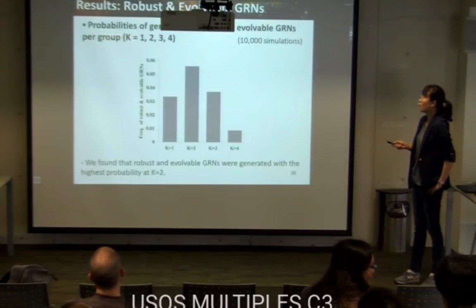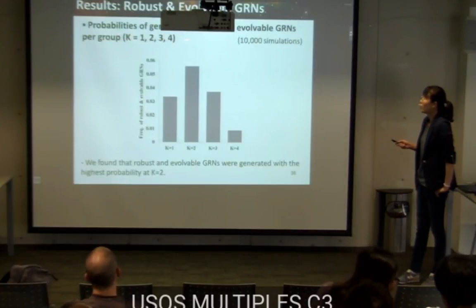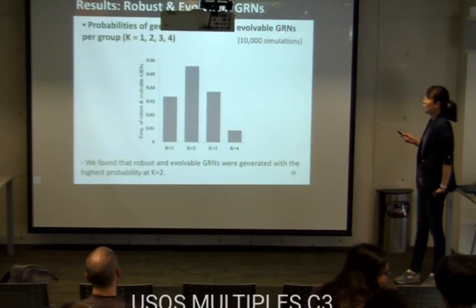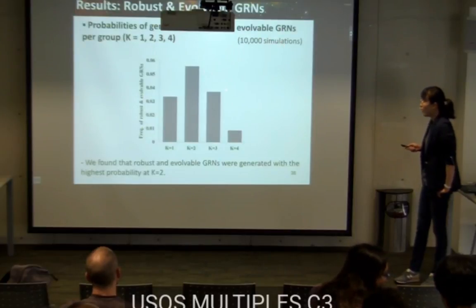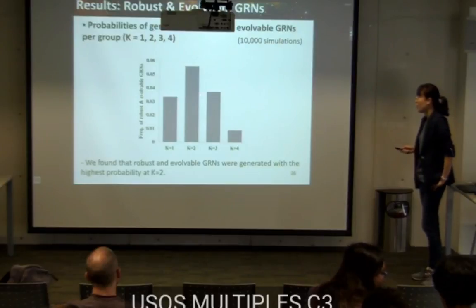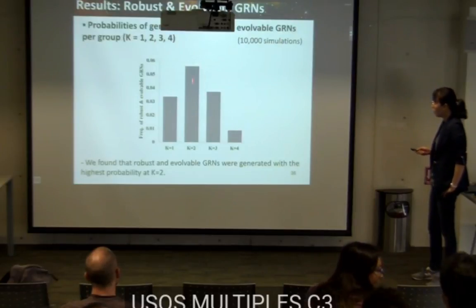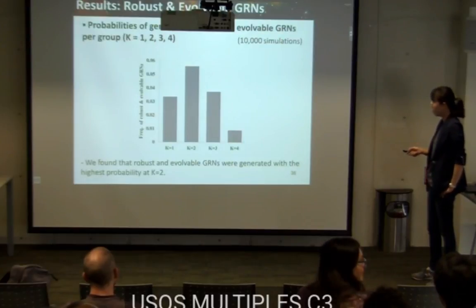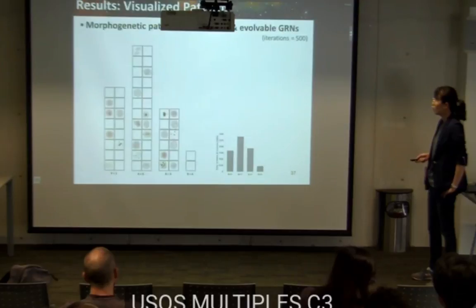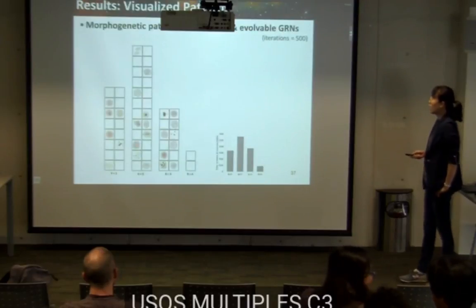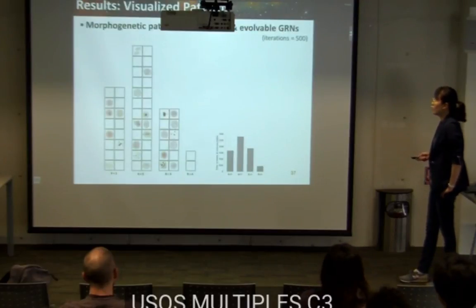These are the probabilities of generating robust and evolvable gene regulatory networks for each K. We found that the robust and evolvable GRNs were generated with the highest probability at K equal 2. These are the morphogenetic patterns from robust and evolvable GRNs.